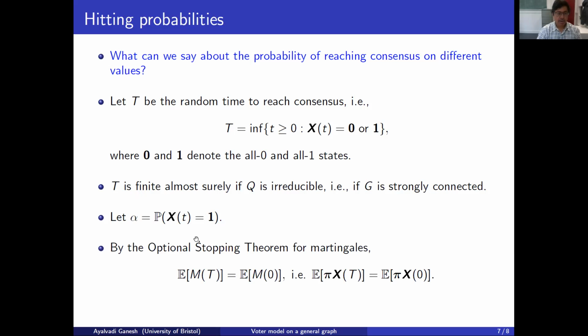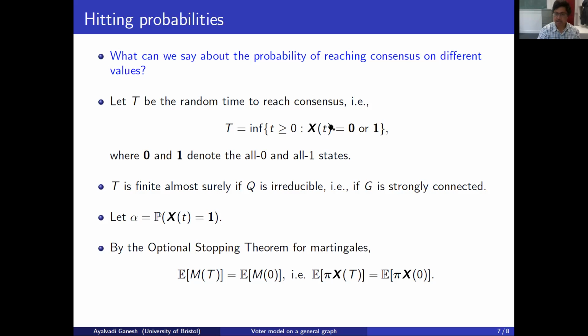Okay, and now MT is pi times Xt. Xt is a finite state Markov chain. Pi is a given vector. So the product of these two vectors is finite, it is bounded.